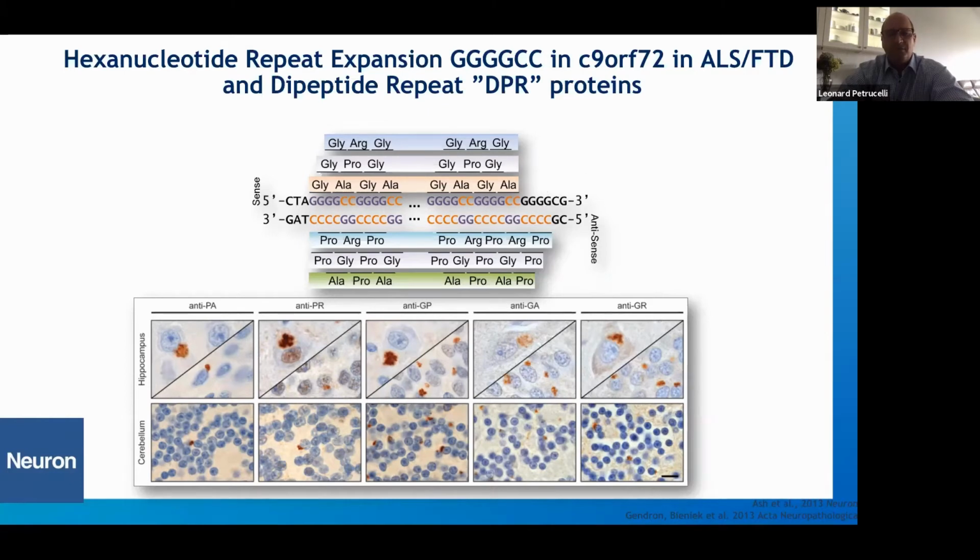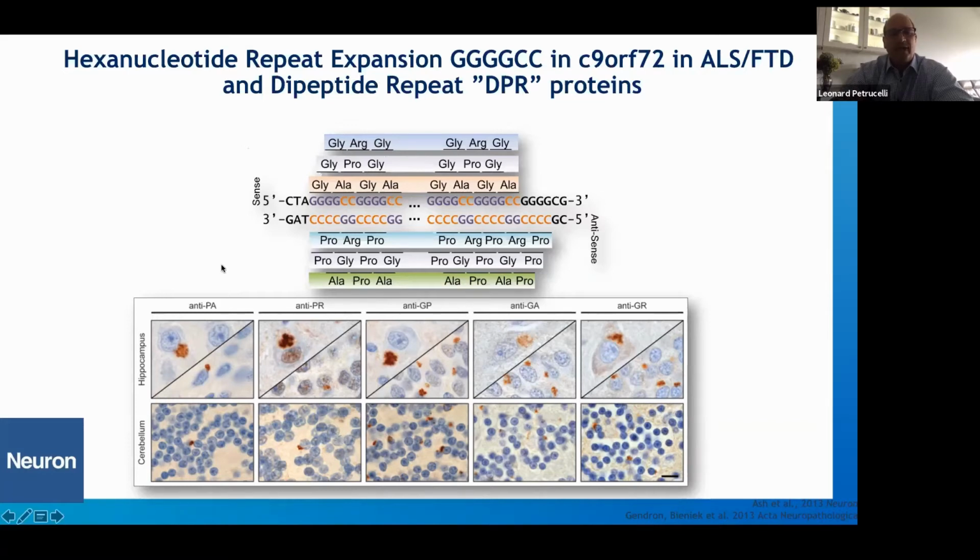It presented really a unique opportunity because of the fact that this intronic sequence, although it was intronic, could actually produce in a very non-conventional form of protein translation these unique repeating amino acids consisting of glycine proline, glycine alanine, and glycine arginine in the sense direction.